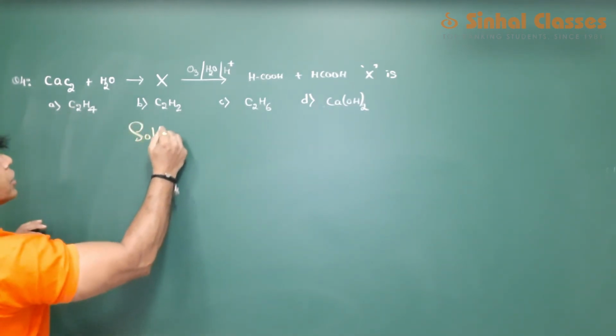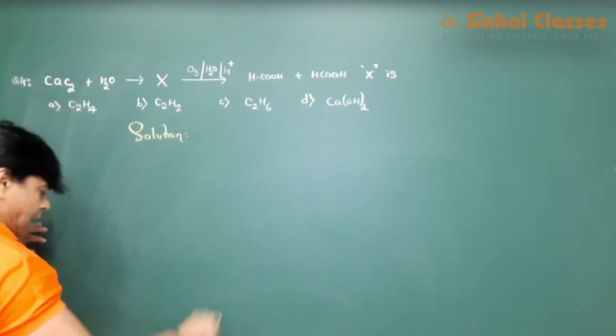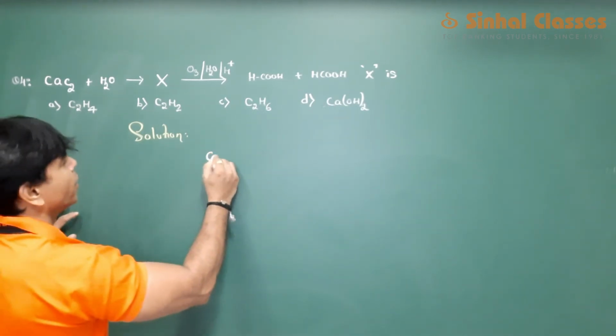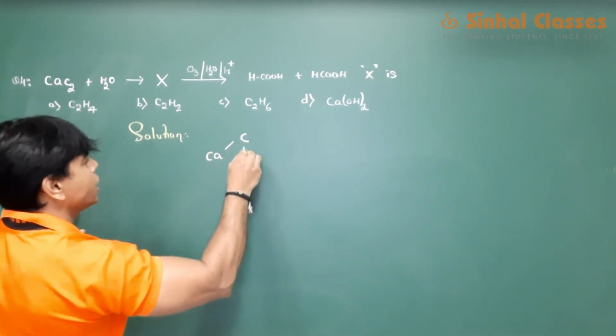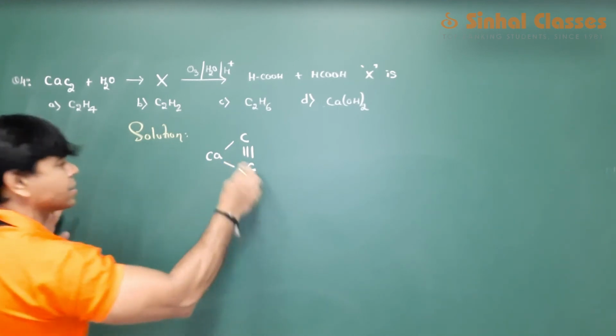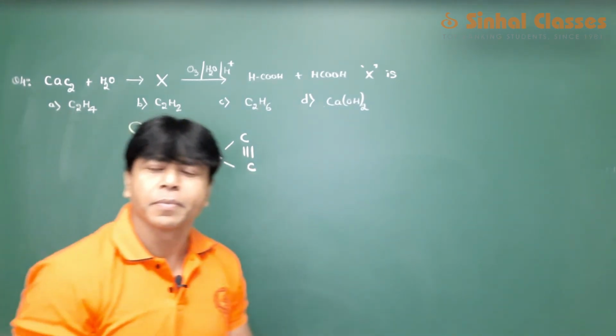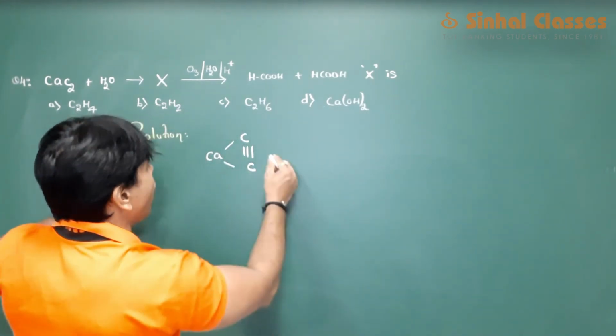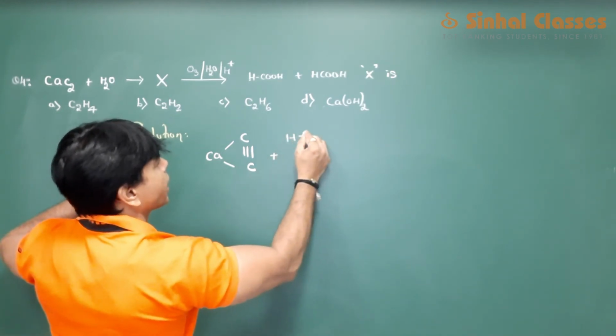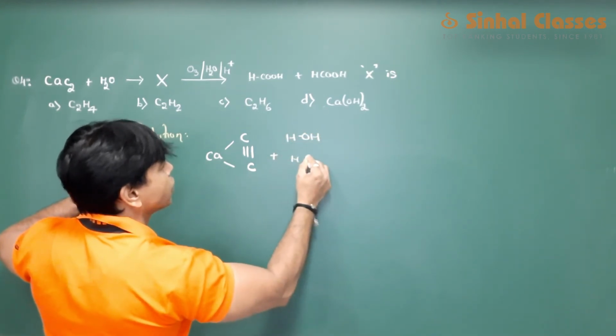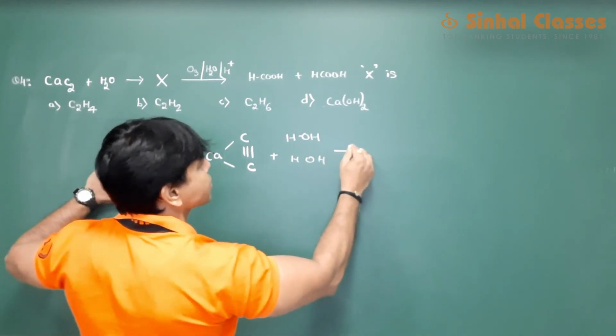The solution part of it: calcium carbide, CaC2, can be written like this. Hydrolysis, taking two water molecules, can be written like this.